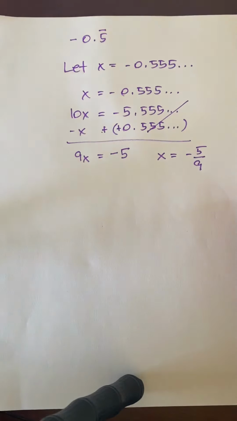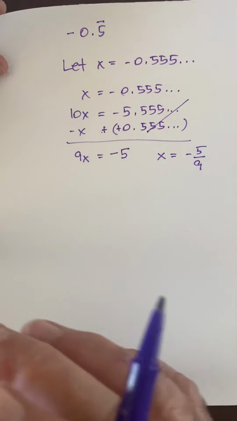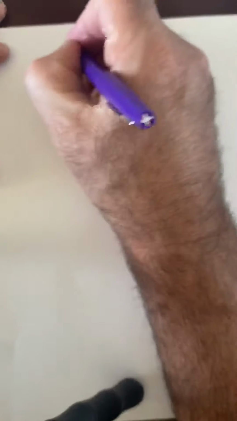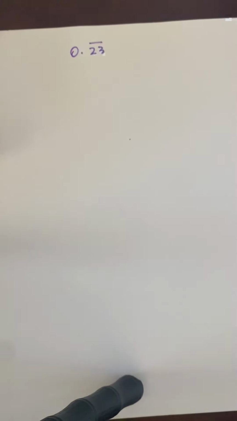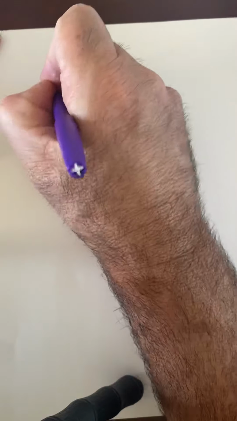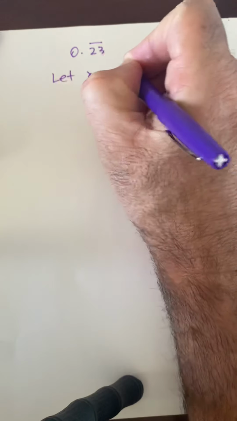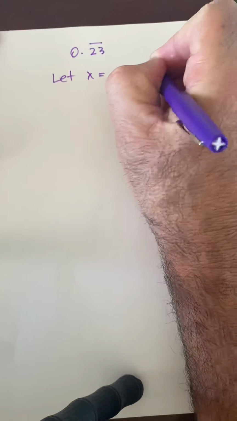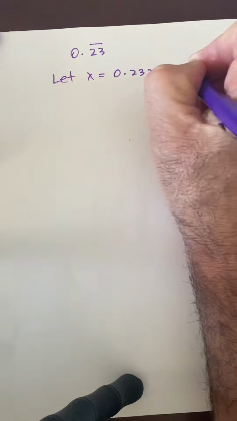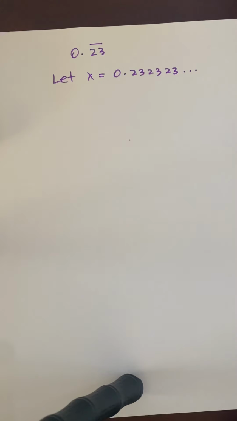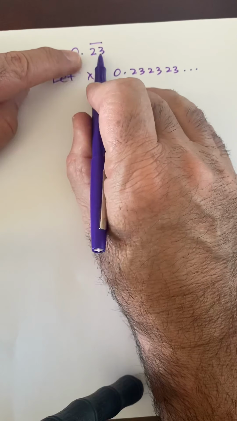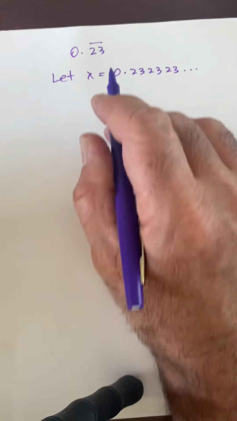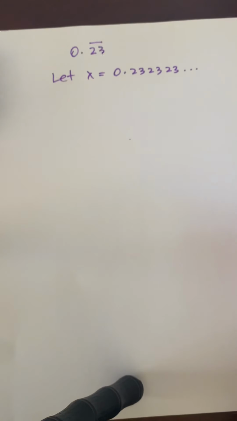Okay, the next one I want to show you is when we have two digits repeating. So let's say we have 0.23 repeating. So let x equal 0.23, 23, 23. So it's 23 repeating. This time we multiply by 100 because two digits repeat. Recall the last one, one digit repeated, we multiplied by 10.